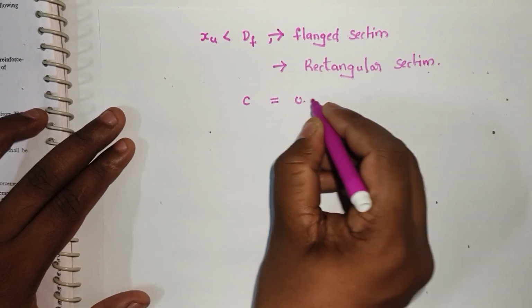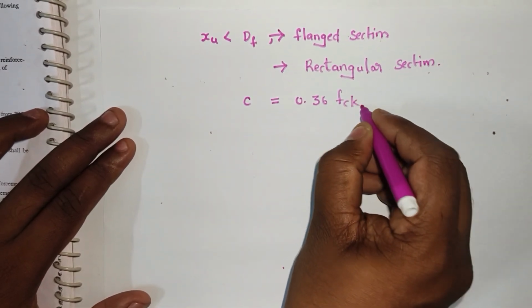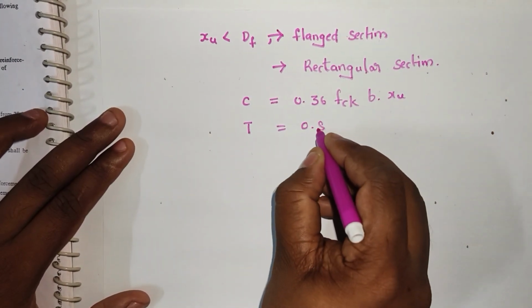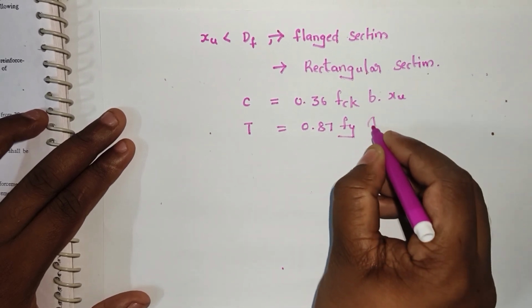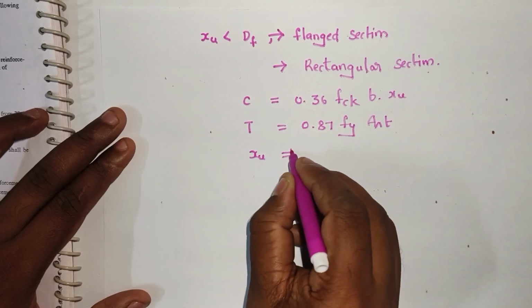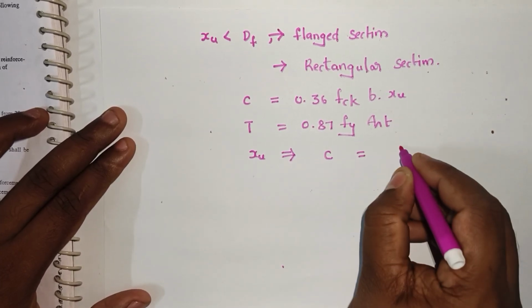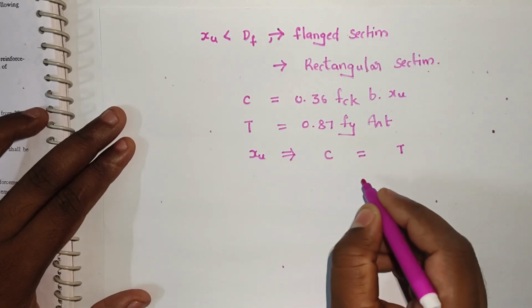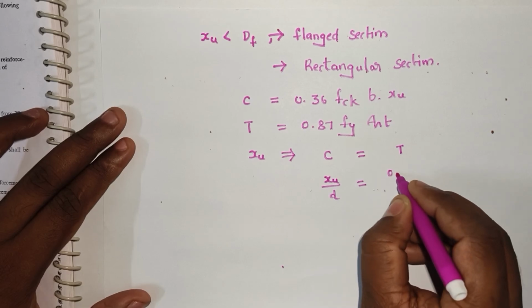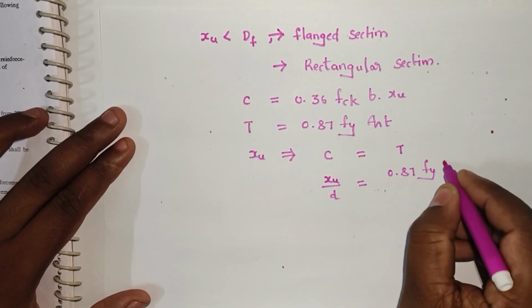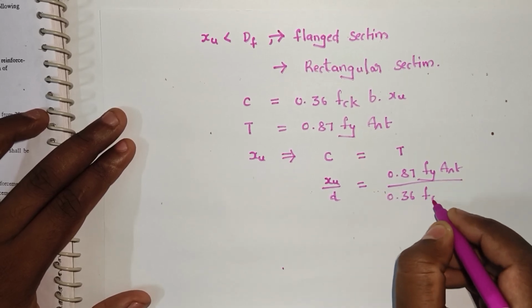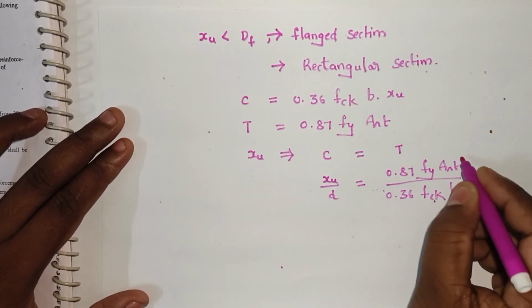C is equal to 0.36 FCK B into XU, T is equal to 0.87 Fy AST. For depth of neutral axis, you need to equate C is equal to T. Then the depth of neutral axis will be XU by D, that is equal to 0.87 Fy AST by 0.36 FCK B into D.